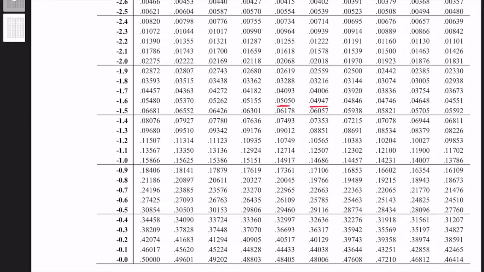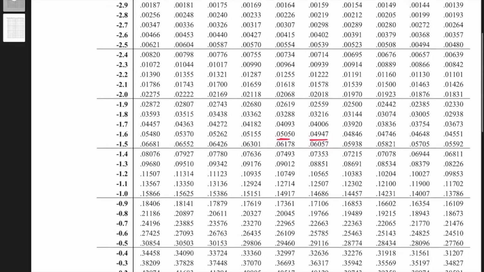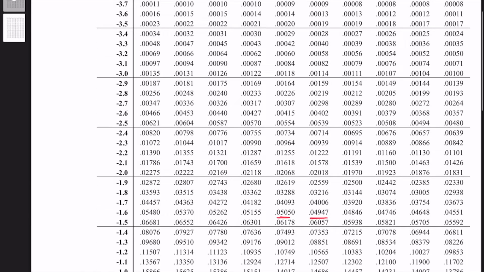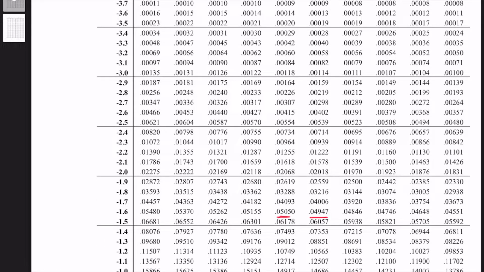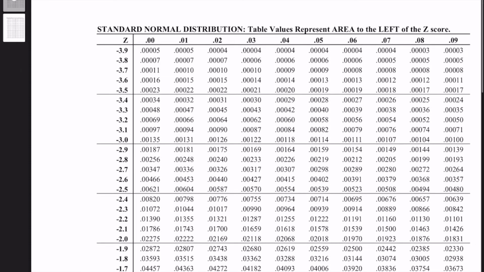Okay? So those both seem to be pretty close to 0.05. So technically speaking, which one's closer? I believe the 0.0505 is a little closer, right? So that means that our z-score will be, let's back that out, a negative 1.64.